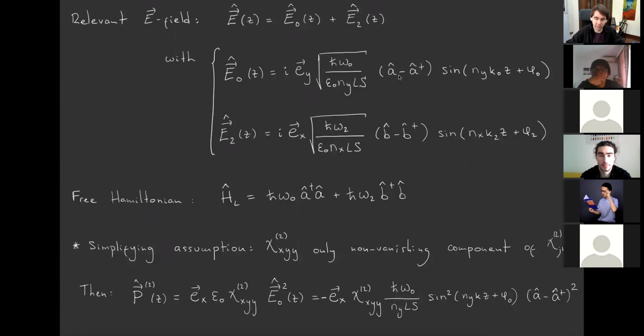And if we also take the simplifying assumption that the only component of the nonlinear susceptibility that plays any role is the xyy, which is an assumption that just simplifies the calculation we are doing in class, but if you don't make it you get exactly the same result, just with a different prefactor in the Hamiltonian. If we make this assumption, then the second order polarization takes a very simple form. It's just the square of the fundamental component of the field.